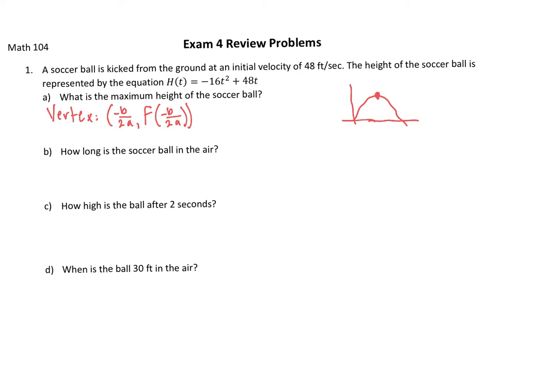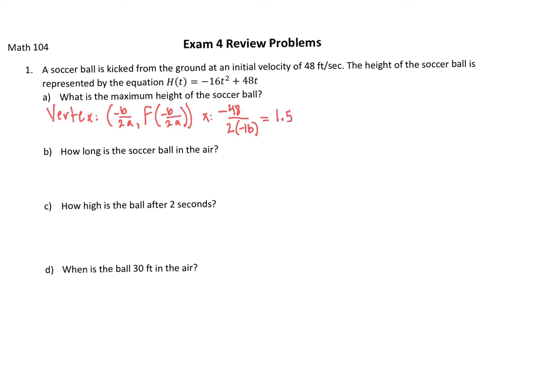So to find the x value, first, let's go ahead and find that negative b over 2a. So negative 48 divided by 2 times my a, which is negative 16. So that's your x. If you calculate that out, we get 1.5.